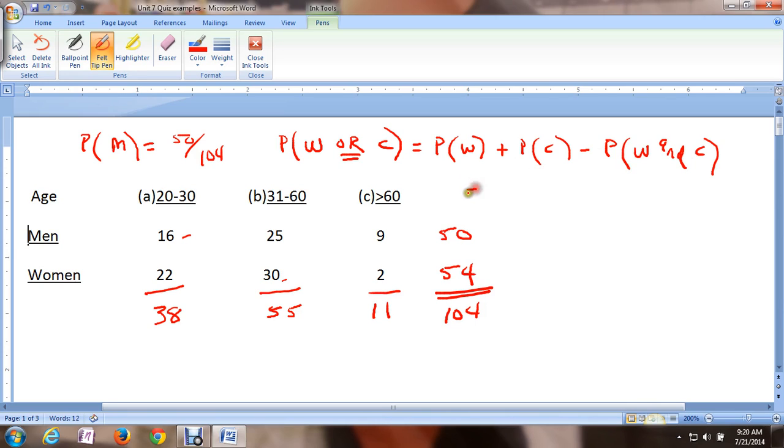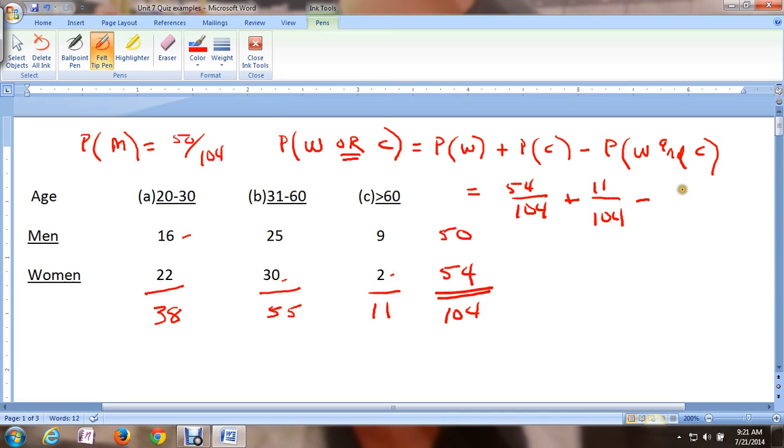So to find the OR probability, either or, we first find the probability we picked out a woman. There's 54 of them out of the 104. Add to that the probability we picked out someone older than 60. There's 11 of them out of 104. And then we have to subtract the probability that the person we picked was both a woman and someone over 60.